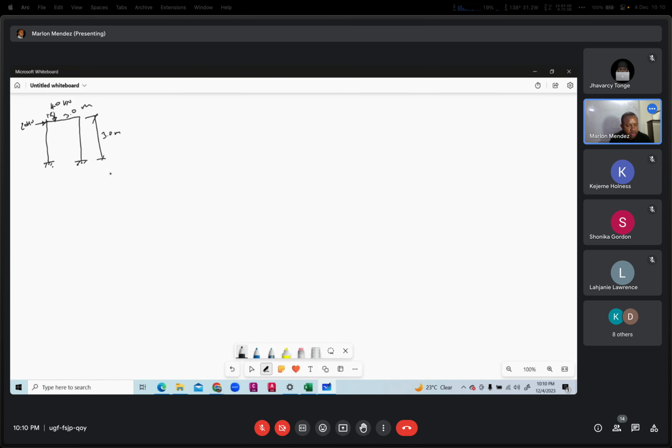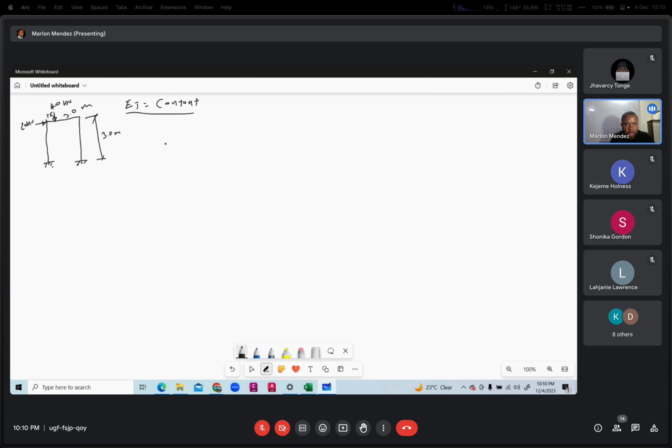We know what we're trying to find. If I don't give you the EI, the flexural rigidity, you can treat this as constant. Once it is not given, if it was given, then you apply it in the formula, and so forth.